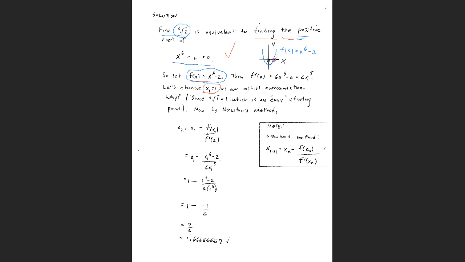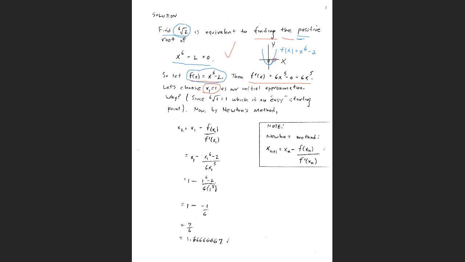I've got to be a little bit careful here. In this problem, it isn't going to matter actually what your starting point is, but look at the first computation when I use Newton's method. Here, and of course f prime of x equals 6x to the fifth.